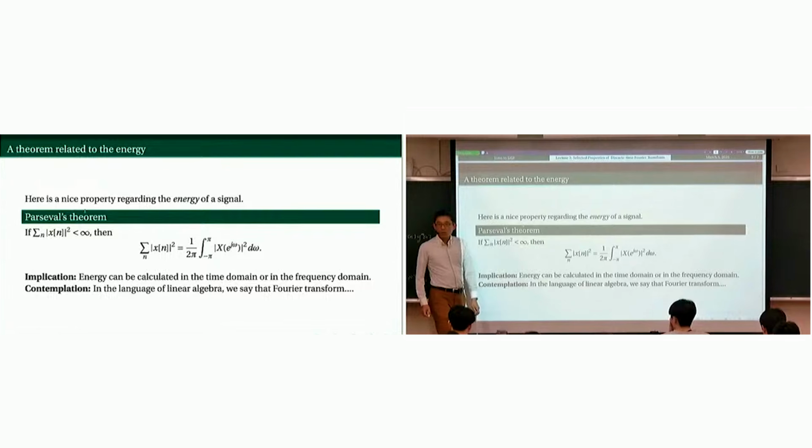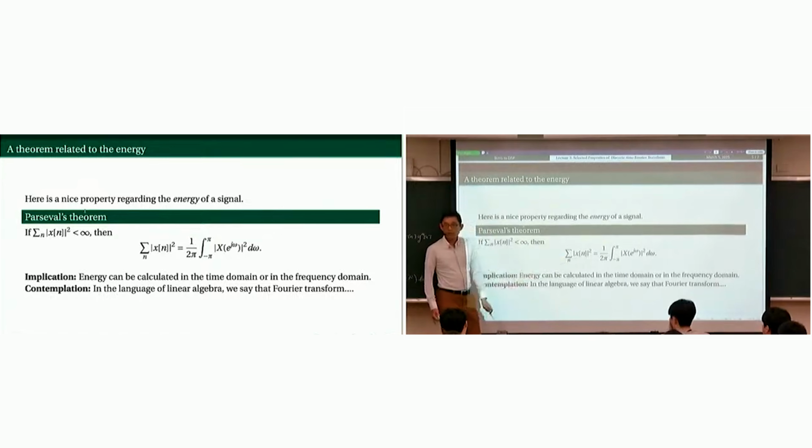Looking back at this identity, it tells us that by going to the frequency domain, the norm square is essentially preserved. The only difference is a factor of 2 pi, but otherwise it's an identity.